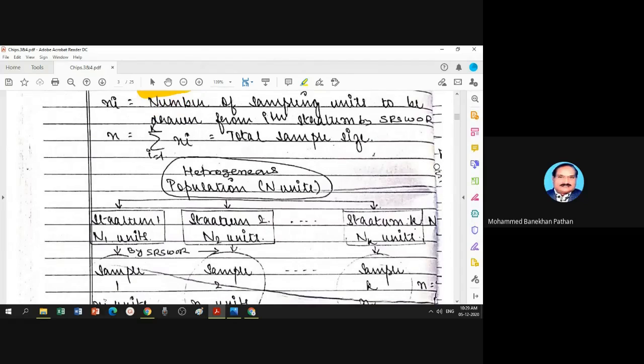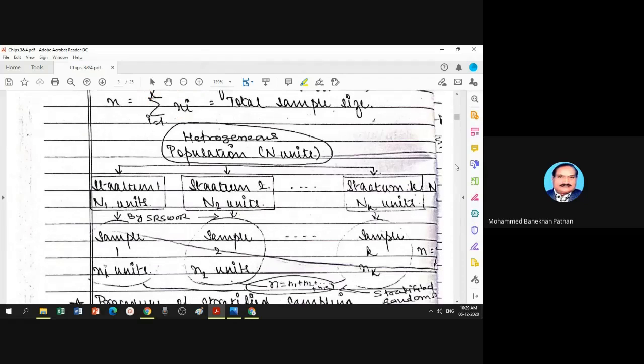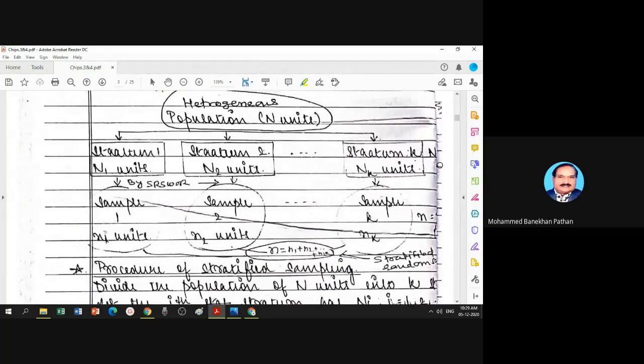For better understanding, I have a tree diagram for stratified random sampling. On the top, we have a heterogeneous population of size capital N. First step, divide the heterogeneous population into different strata.